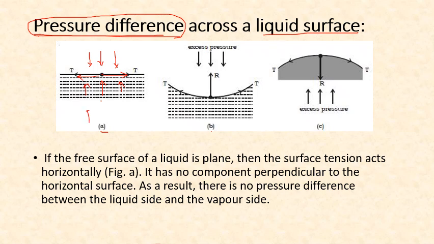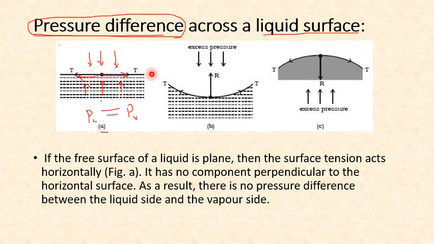So PL, the pressure due to liquid, must be equal to the pressure due to vapor. When PL and PV both become equal and act in opposite directions, they cancel each other out, the molecule will remain at the same spot, and the surface will be a straight line.